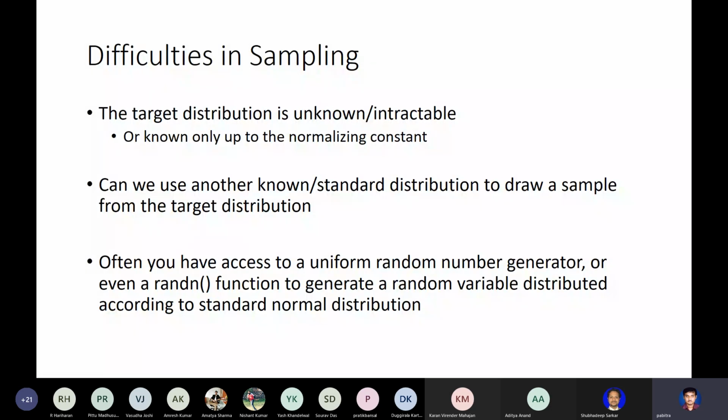And this known or standard distribution can be a standard random number generator available in most programming languages, or it may be some random variable distributed according to the standard normal distribution, centered at 0 and with variance 1. Standard univariate normal distribution. Actually, many programming languages will also provide you a function to draw a random number distributed according to a normal distribution. Okay, so we'll use that repeatedly to draw a sample from a complex distribution.